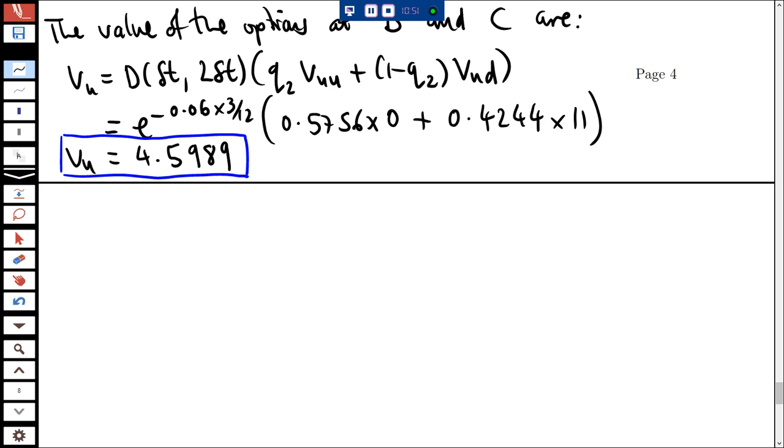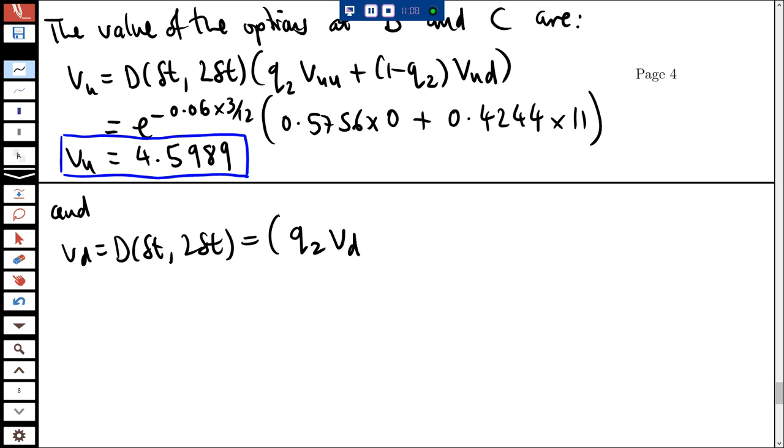Okay, so this is VU and VD, the weighted average discounted from 6 months to 3 months. That's off the formula sheet. This is from the market information in question.